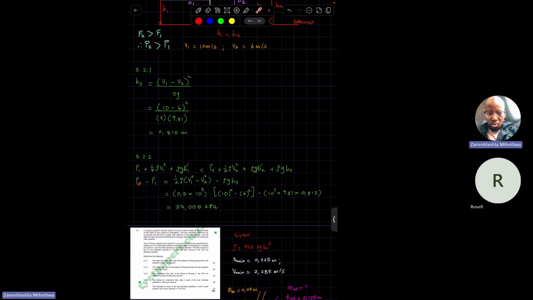Hence, this is what we get. Then we take these two terms to the other side, and when we do that, this term becomes negative and this one becomes negative. That is why V2 squared here is negative, and that is why rho g h s is negative as well.